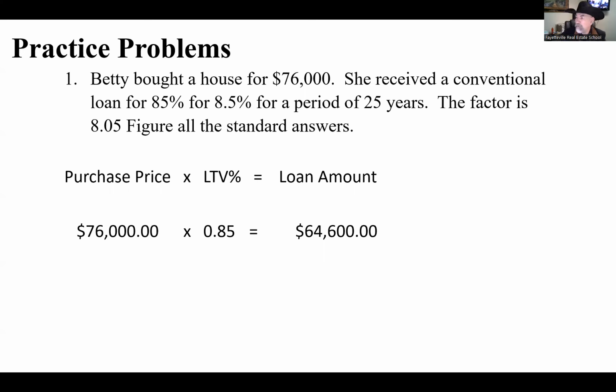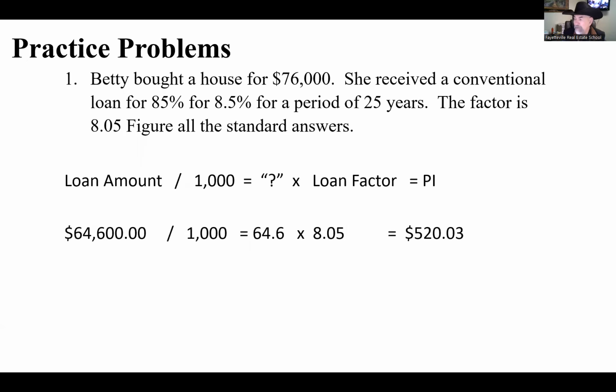Whenever we have a loan factor, we take the loan amount, divide it by 1,000, multiply it by a loan factor, and that gives us our monthly P&I payment. And here it is here. 64,600 divided by 1,000 equals 64.6 times 8.05 loan factor will give us a monthly P&I payment of $520.03. That will be the monthly payment for 25 years.